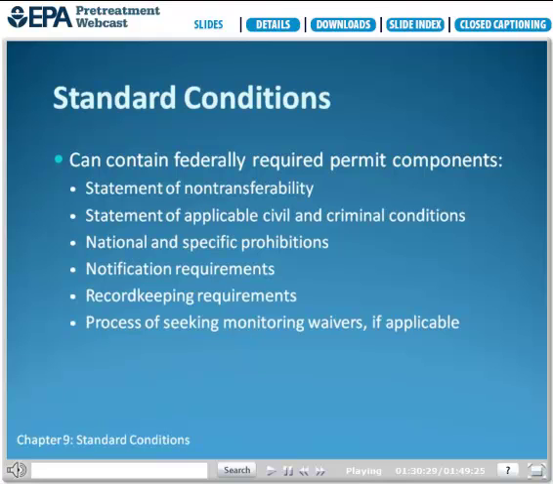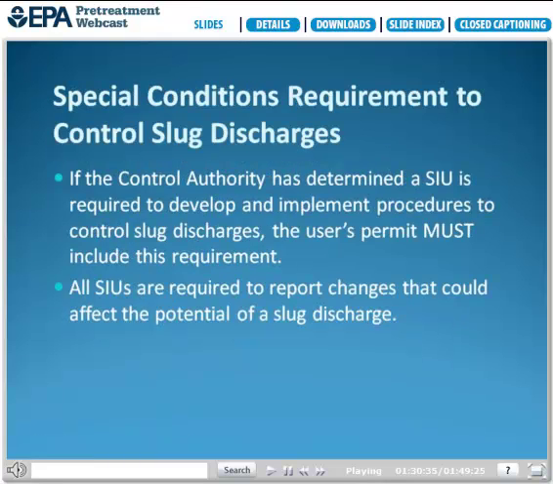Special conditions for the users can include the requirement to control slug discharges. If a user is required to have a slug discharge control plan, that requirement should be specified in their permit, as well as changes that would affect the potential for a slug discharge.